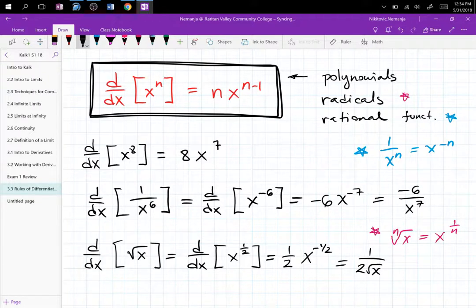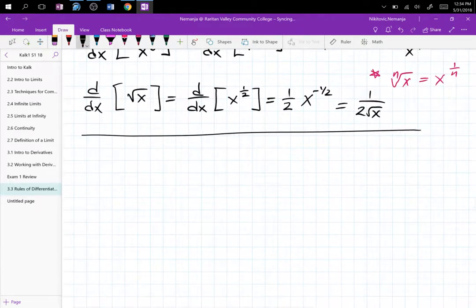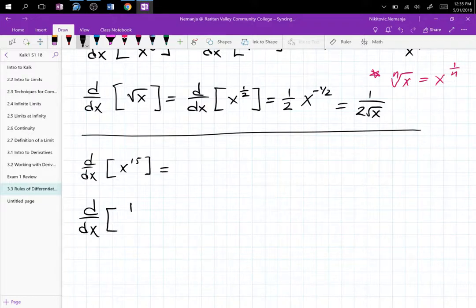Now, guys, I'm going to ask you to solve 3 questions as exercise. So the first one is going to be the derivative of x to the 15th power. The second one is going to be the derivative of 1 over x to the 10.